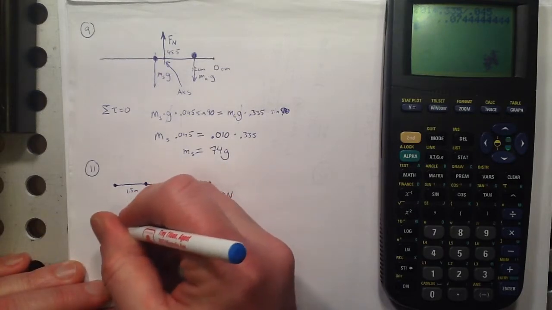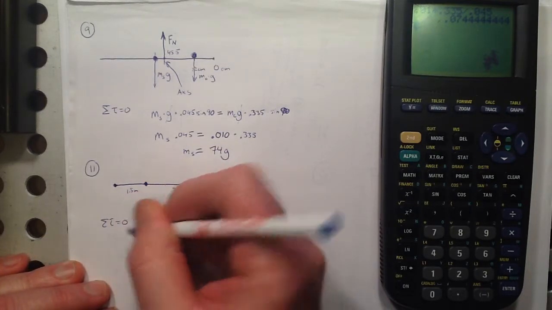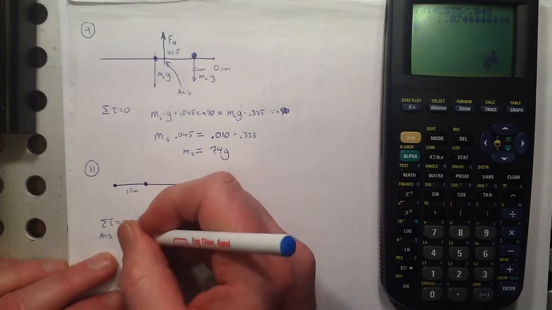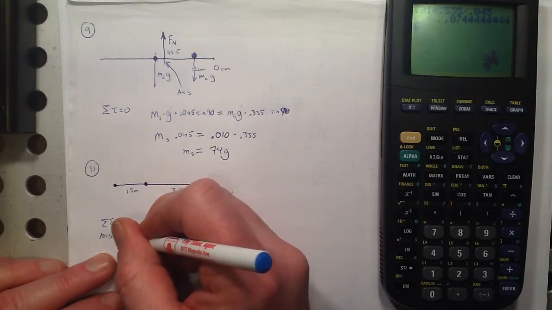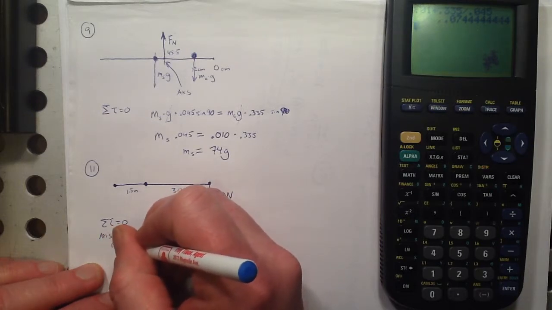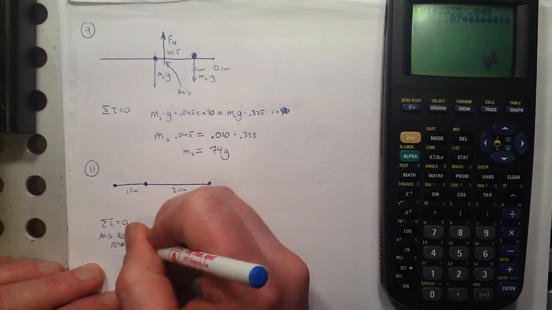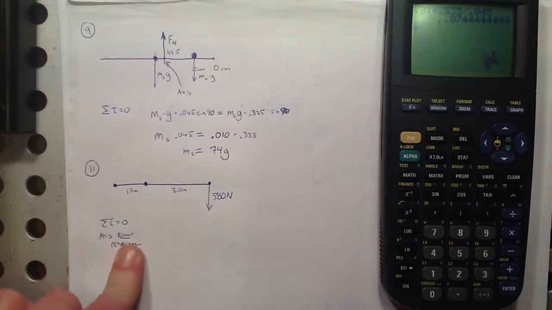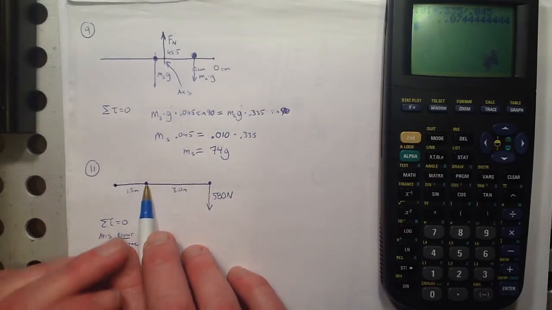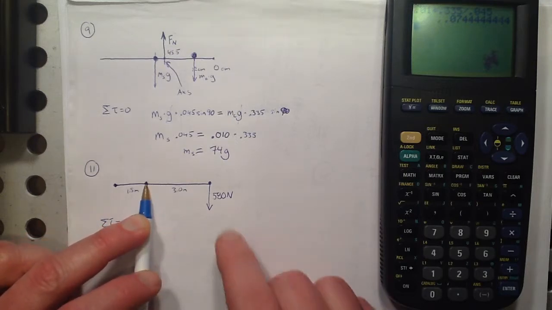I know that the net torque is 0, and if I pick the axis to be the right pedestal, then if this was the axis, the torques must be balanced, right?